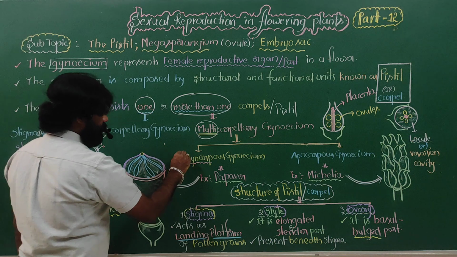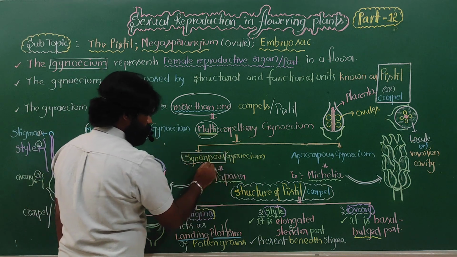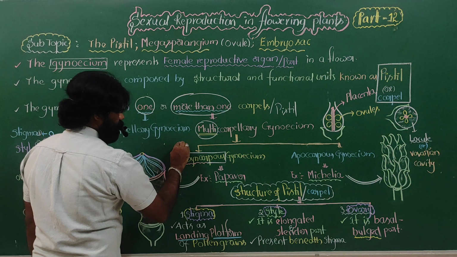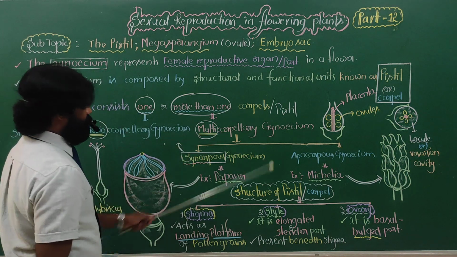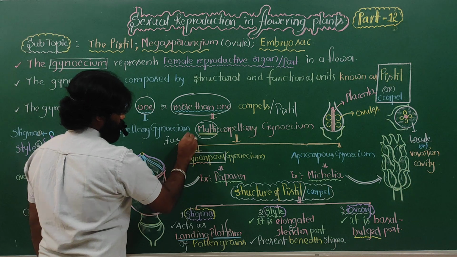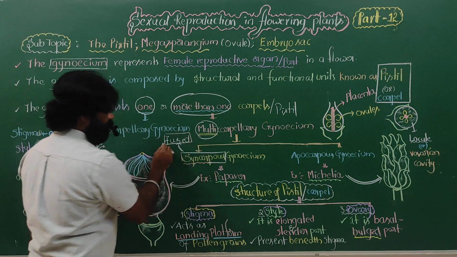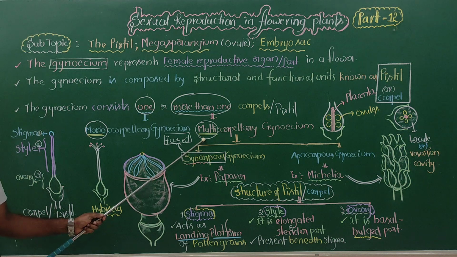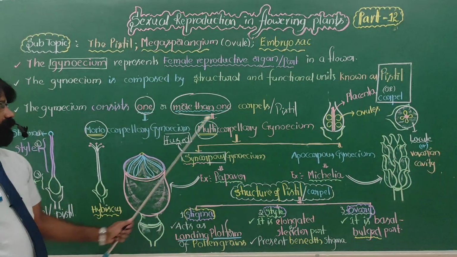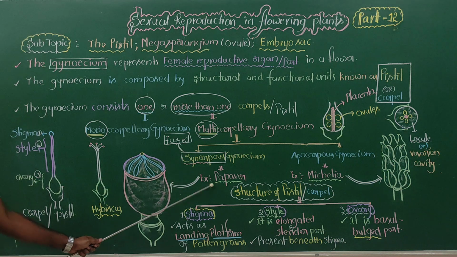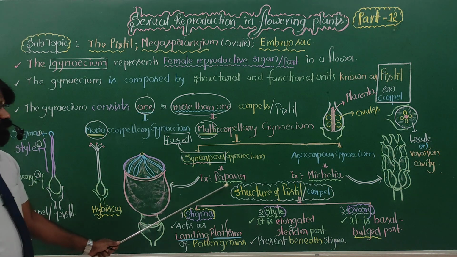What are those? The first is syncarpous. It means the carpels or pistils are fused. If the carpels or pistils of a multicarpellary gynoecium are fused, it is called syncarpous. The best example for this is Papaver somnifera.